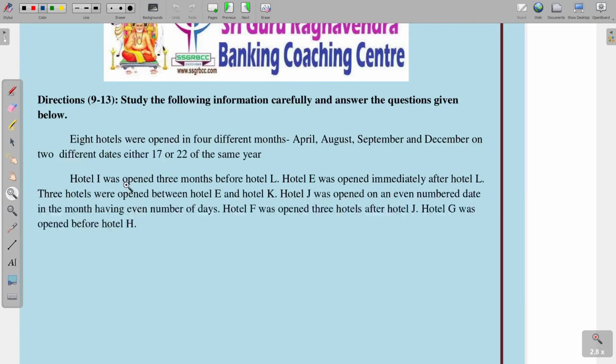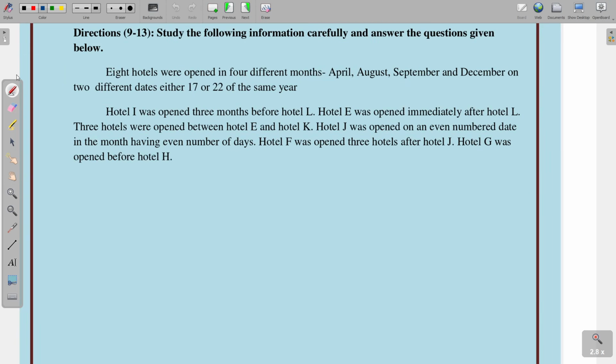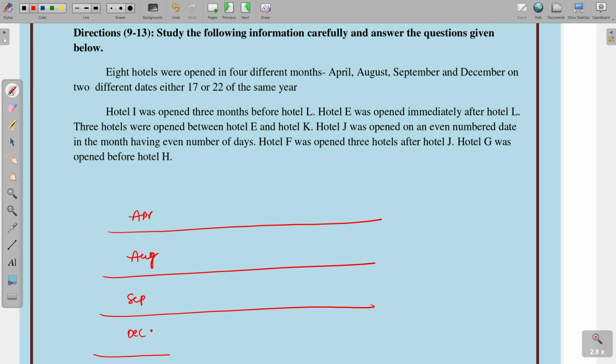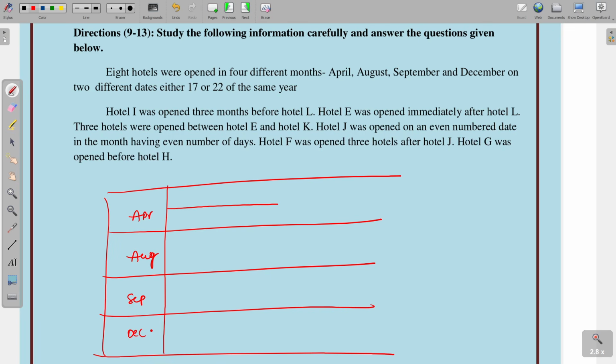Questions 9 to 13. 8 hotels were opened in 4 different months: April, August, September and December on 2 different dates, either 17 or 22 of the same year. So, starting from April and next August, then September and then December.